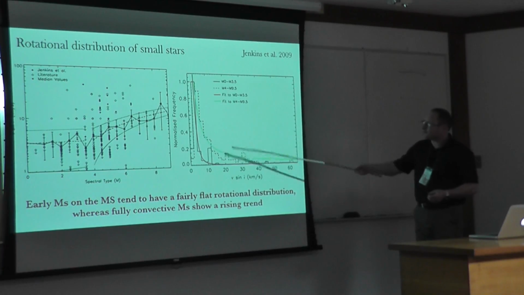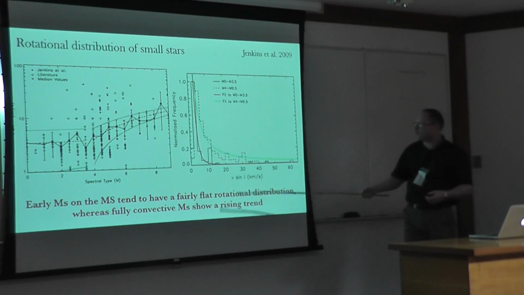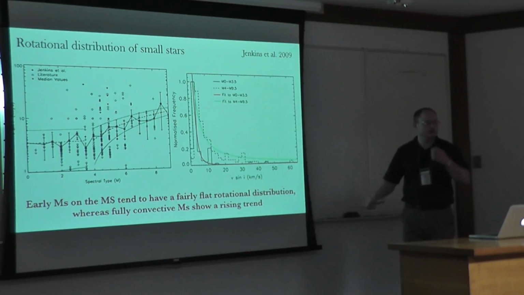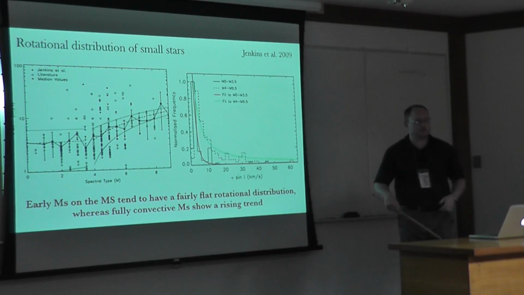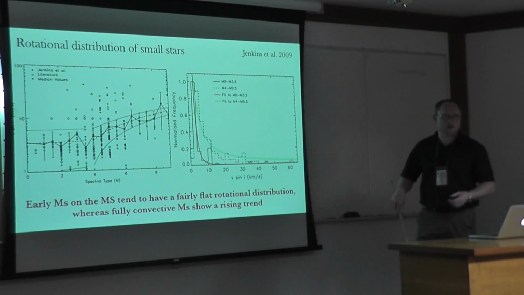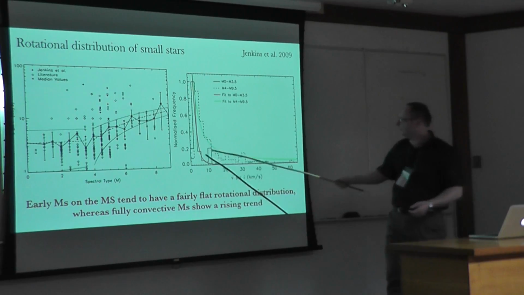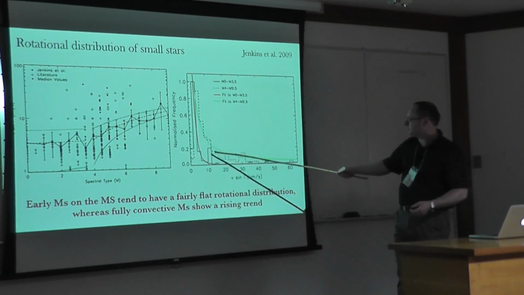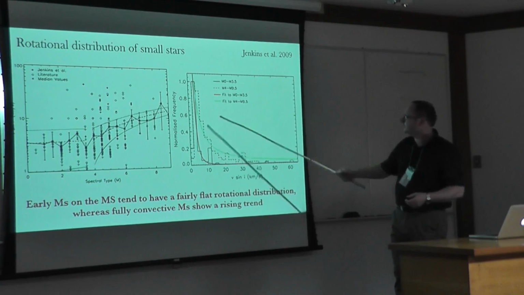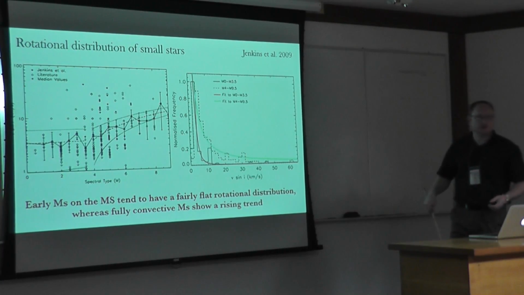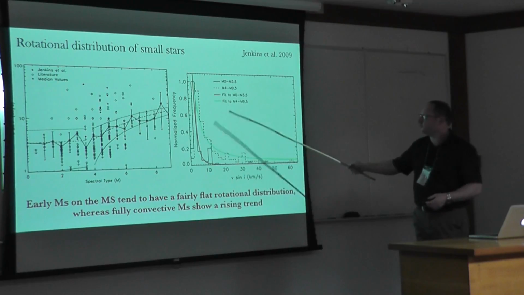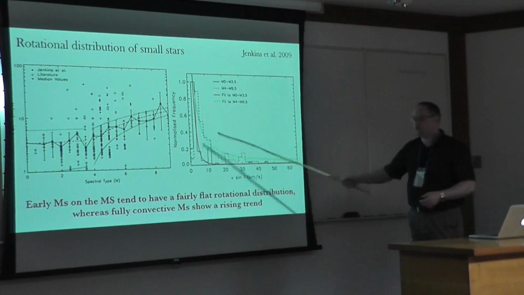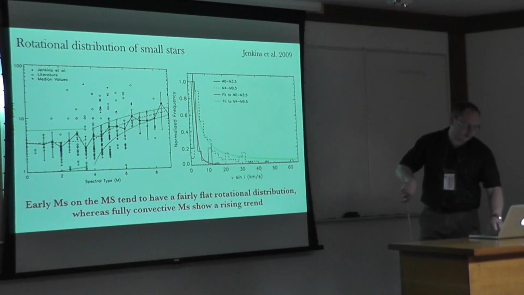So it looks like maybe we can call for two distributions for the rotational distribution of M stars. Early M's are all peaked towards low v sin i, low rotational velocity, and the later M dwarfs have much more of a broad distribution, towards higher v sin i.